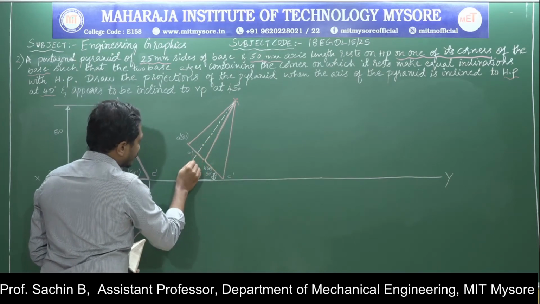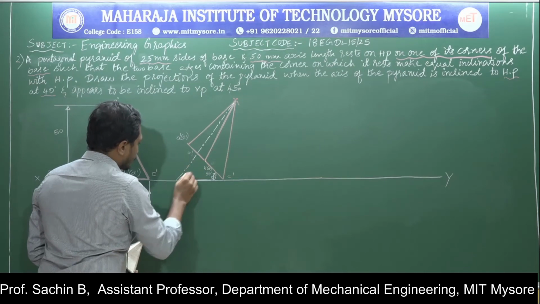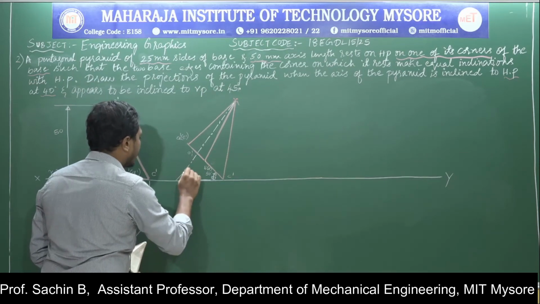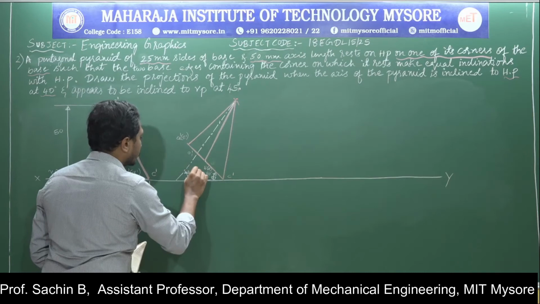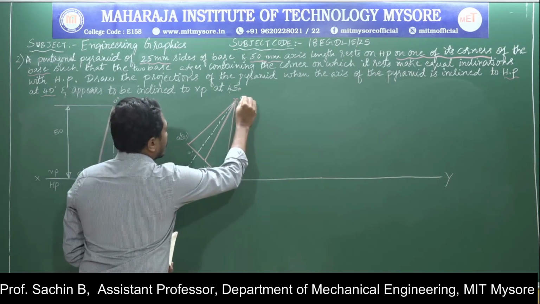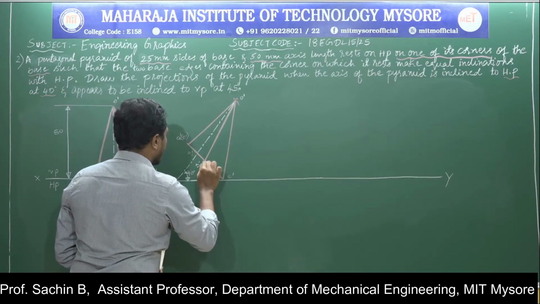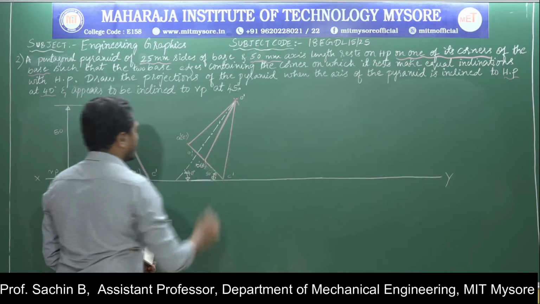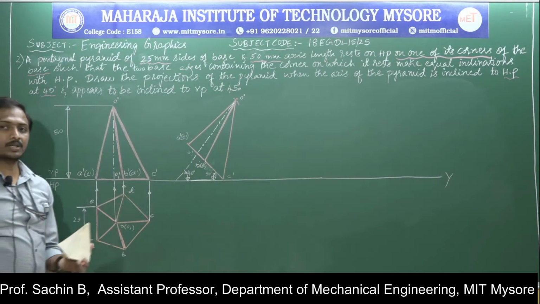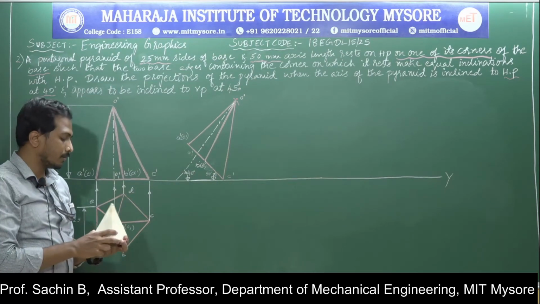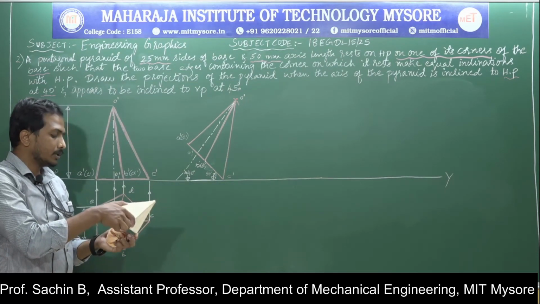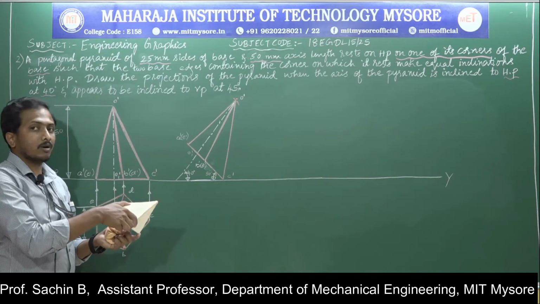If I extend this, this is exactly 40 degrees now. This is O dash. This is B dash, comma D dash. Now this is my construction of the front view of the object by tilting the object resting on one of its corners.